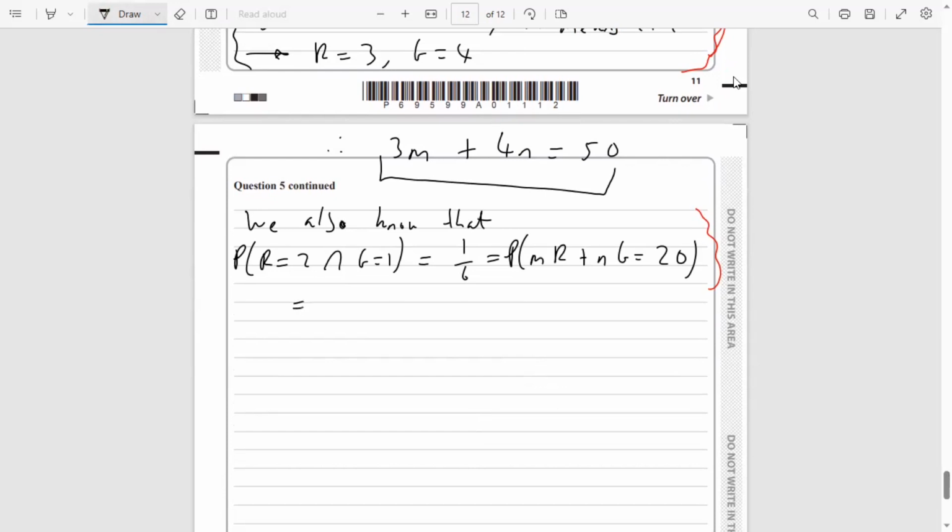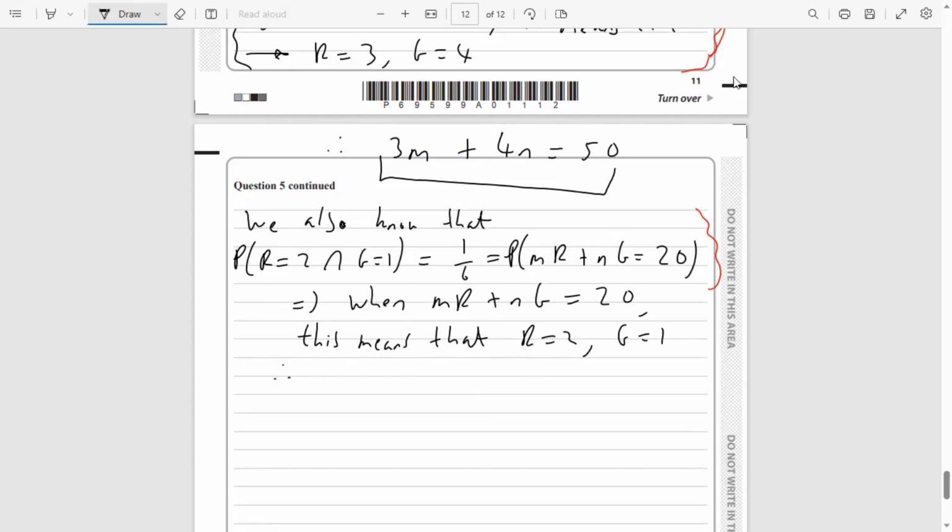So what we can say from here is that when MR plus NG is equal to 20, this means that R is 2, as we can see here, and it means that G is 1. So again, we can do a similar calculation to what we did here.